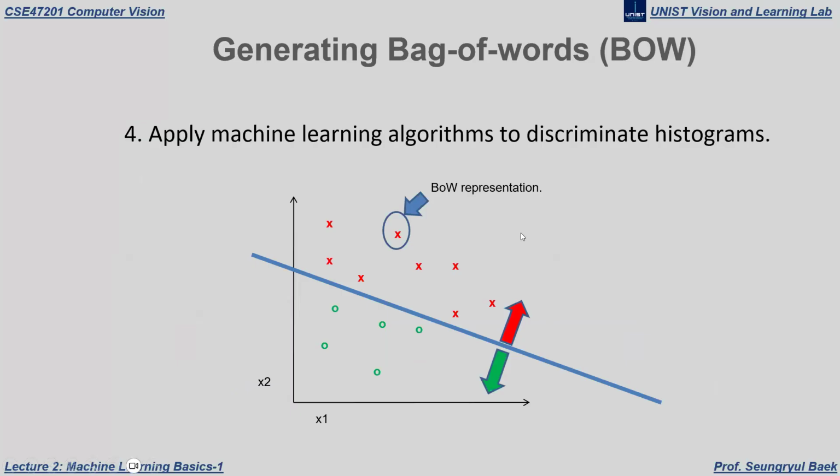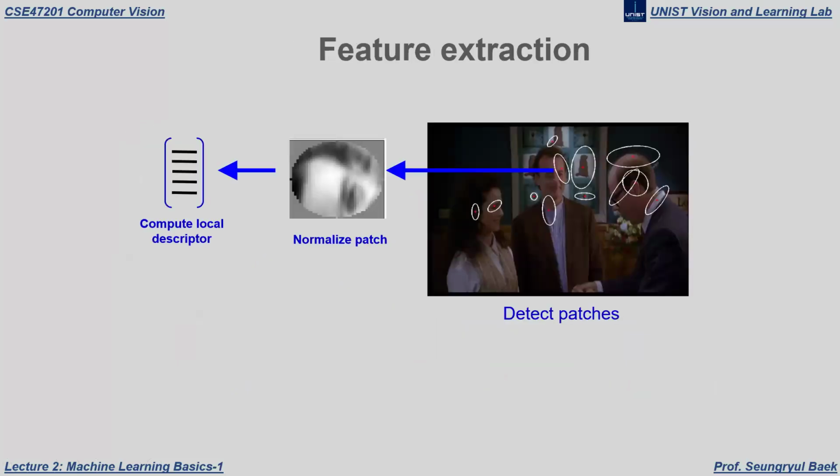And today we will learn about this, okay? This is how we extract features from the image. There are already some popularly used feature descriptors that can detect useful patches from the image and then describe those patches as vectors.